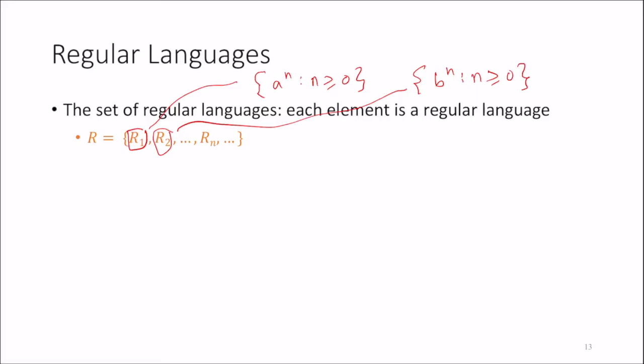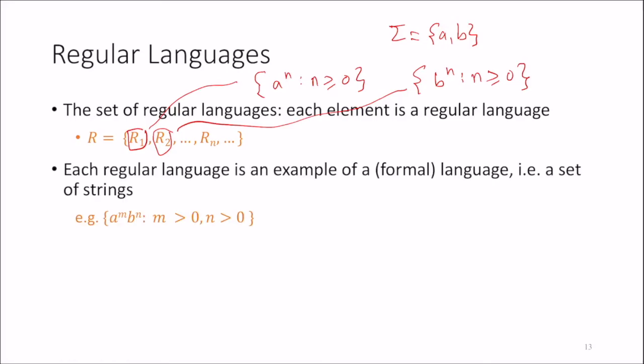For these examples, let's assume that sigma is equal to just A and B, not a large alphabet. So each element here is a set of strings. The set of regular languages is a collection of these regular languages.